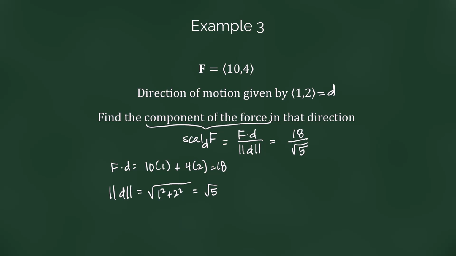But if you look at the actual magnitude of F, the magnitude of F is the square root of 10 squared plus 4 squared, which is the square root of 116, which is bigger than 10. So we can see that because the force is not pulling in the exact same direction as the motion, some of the force has been reduced, and we have only 18 divided by the square root of 5 units of force.